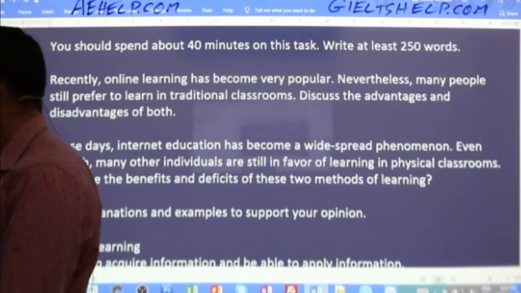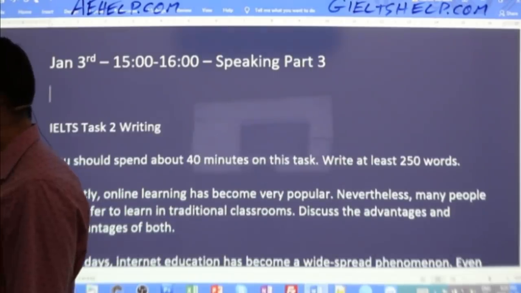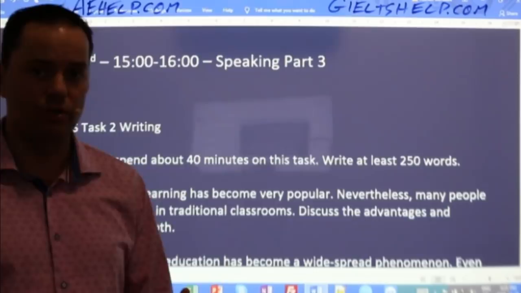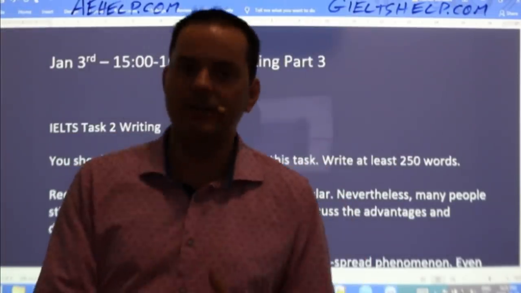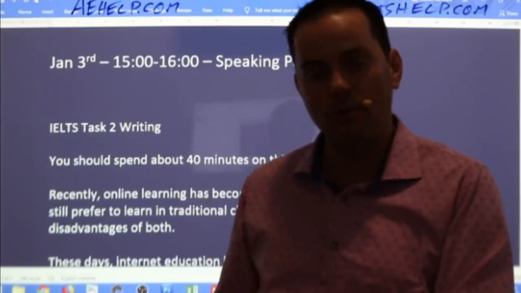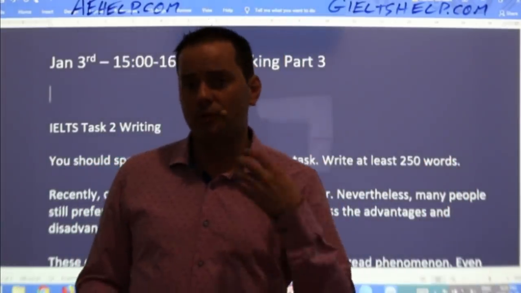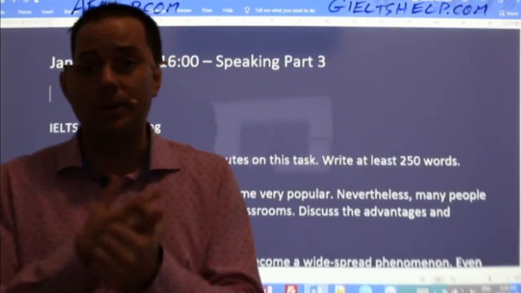Okay, so this is an important tip when you're practicing for IELTS, and if you take 2 or 3 minutes to do your planning in the actual official test. So you're thinking about advantages, you're thinking about disadvantages, you think about some of these points before you write your thesis, okay? So before you do that, you might write your hook, you might write the background, and then you write your thesis.